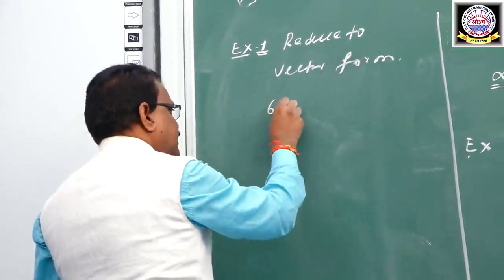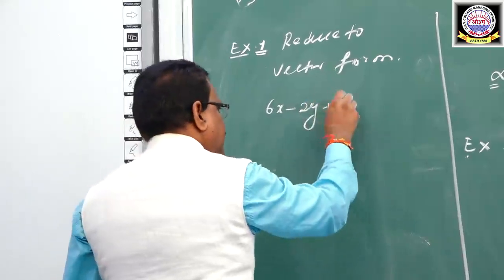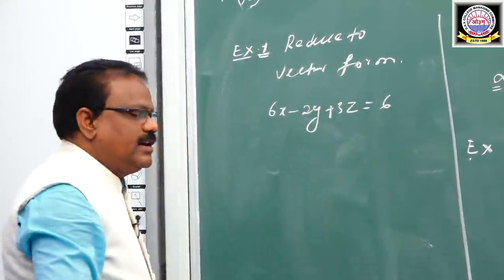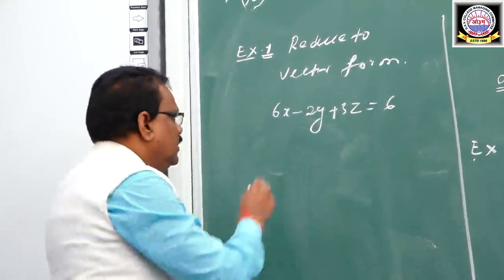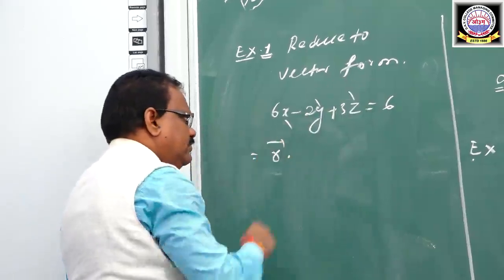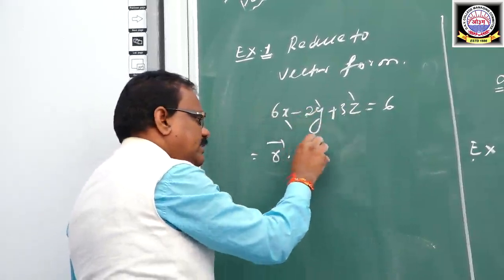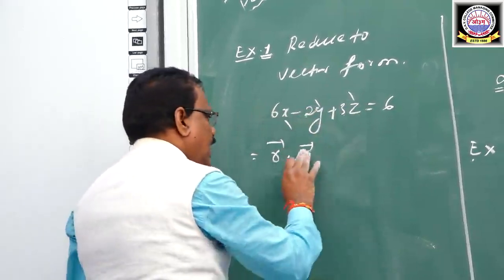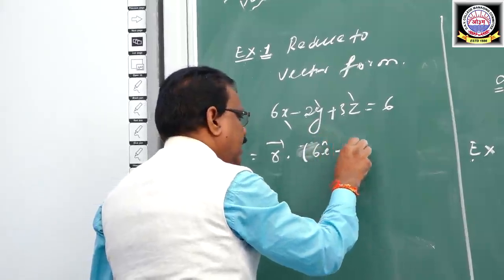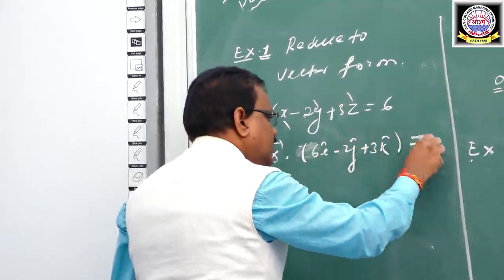So 6x minus 2y plus 3z is equal to 6. So our standard form is r dot n. So x, y, z, that is r vector, and 6, minus 2, 3, that is n vector. So r dot, I can say, 6i minus 2j plus 3k is equal to 6.